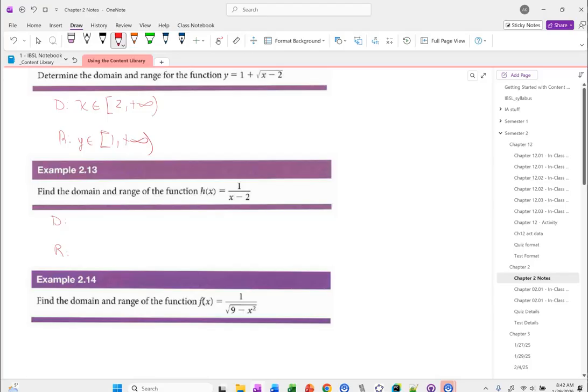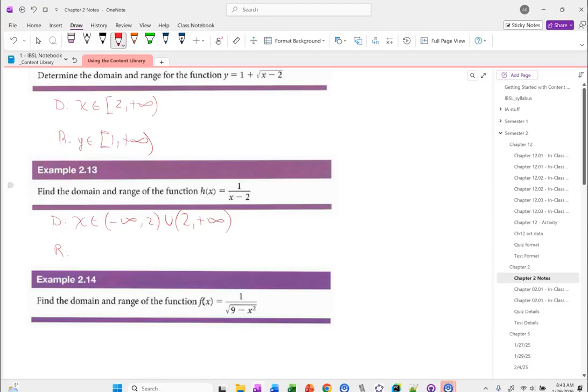Because it makes a 0 denominator, right? Okay? All right. So for our domain, we're missing all except for like one number, right? Our range, probably the same thing, everything except for one number, right?